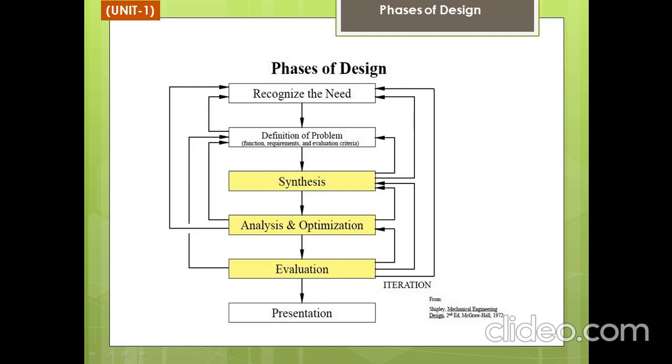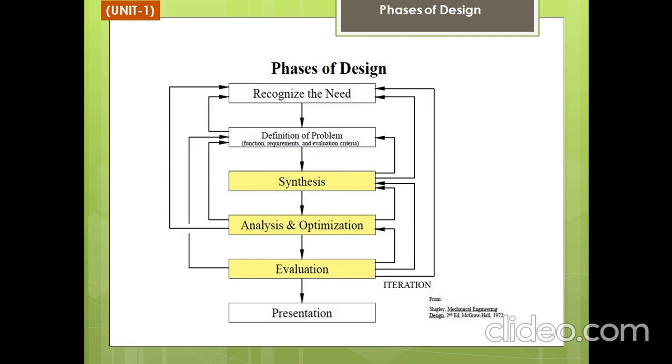Analysis means now here stress analysis is required. Means the product, I am telling you in the sense of mechanical engineering. So in mechanical engineering, the machine is required to have sufficient strength to bear the load.